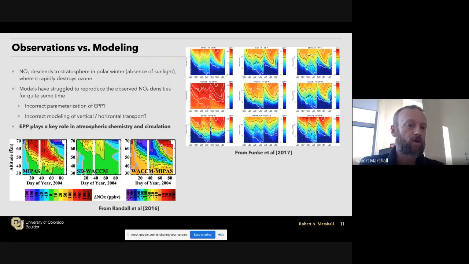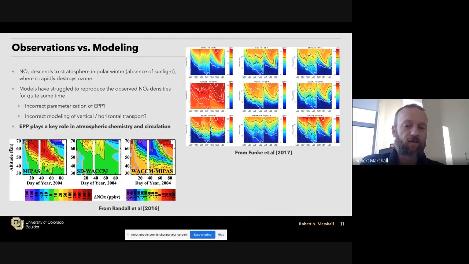So models have worked very hard for many years to reproduce observed NOx densities by comparing to spacecraft measurements going back some years now. And the two figures that I've got here are trying to highlight the difference between observations and models.